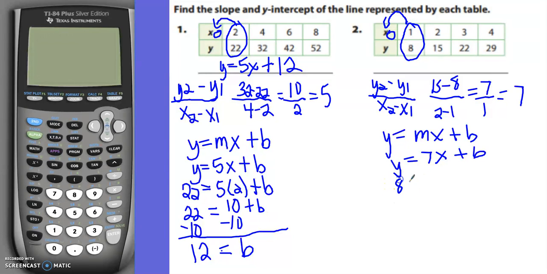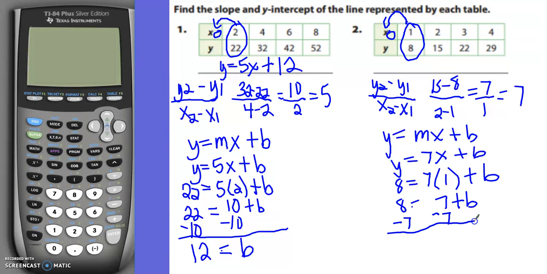Y is 8, x is 1, 7 times 1 is 7, subtract 7 from both sides. You get b equals 1. So we have y equals 7x plus 1. Alright, let's take a look at the last one.